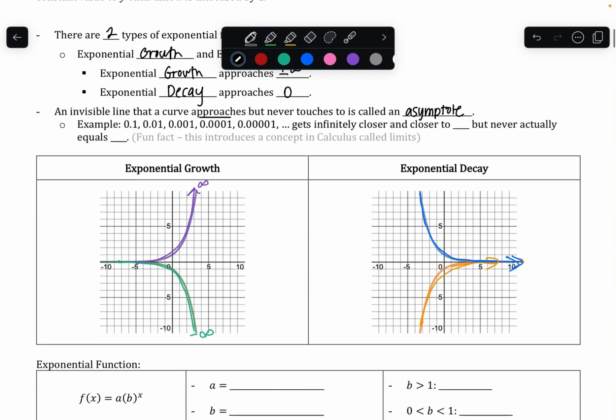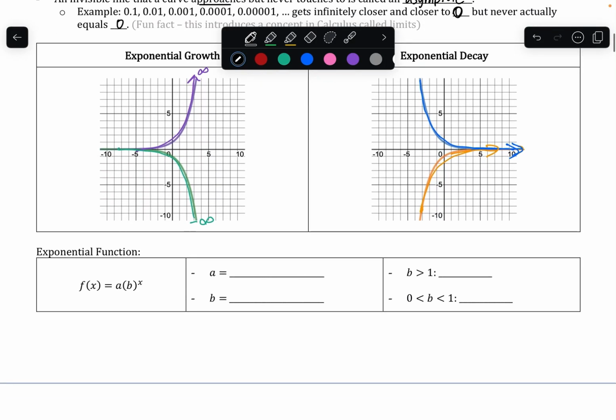Asymptote. Okay? And so, for example, if we had 0.1, then 0.01, then 0.001, 0.0001, we're getting infinitely closer to 0 each time. But if I keep this pattern going, we never actually equal 0. We're just approaching it. I'm always going to have a 1. But I'm just having more zeros in front of it. Okay, so that's called an asymptote.